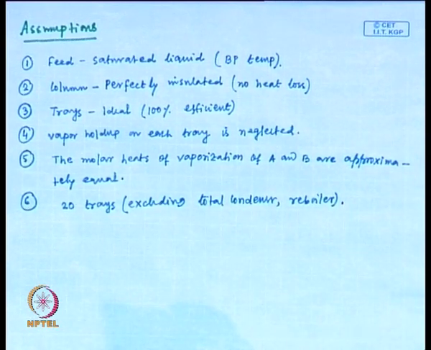Although this is not an assumption, this is basically the configuration of the process, but anyway we have included it under assumptions. Fine. So, we have considered n to represent the top stage. Basically n is 20 here.